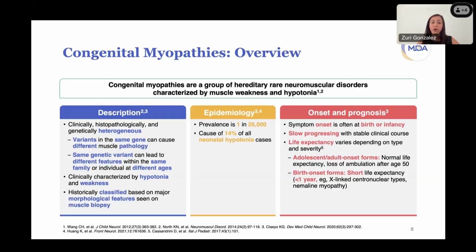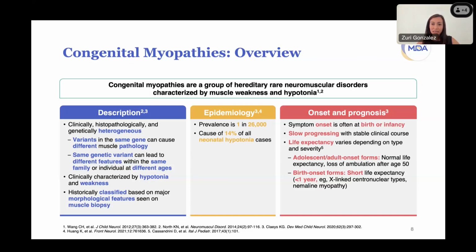Of all the cases of neonatal hypotonia, congenital myopathies make up 14%. The typical onset is usually at birth or infancy, and what characterizes this group of disorders is the very slow progression and stable clinical course.